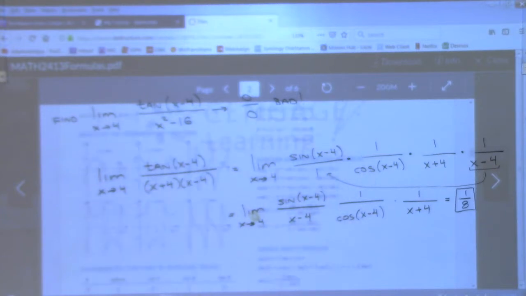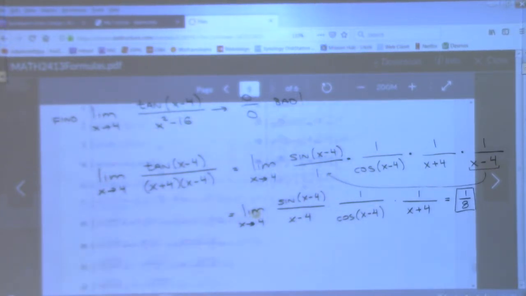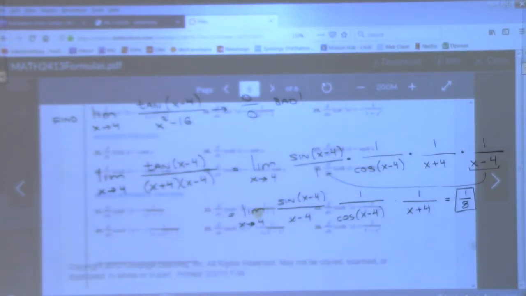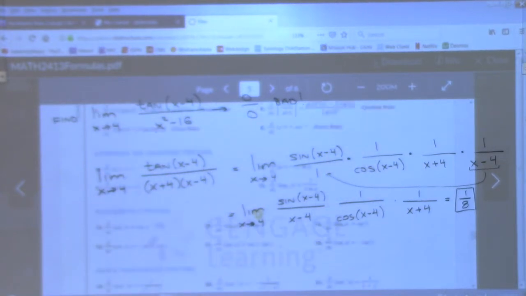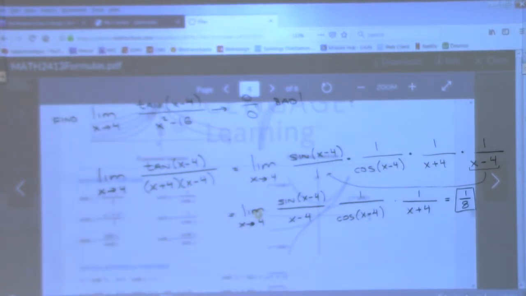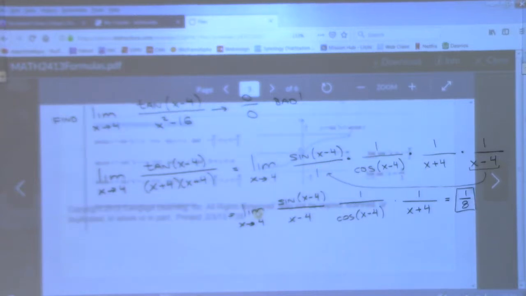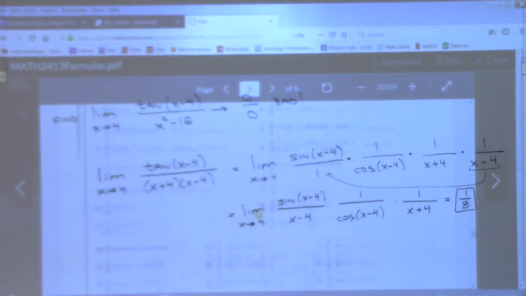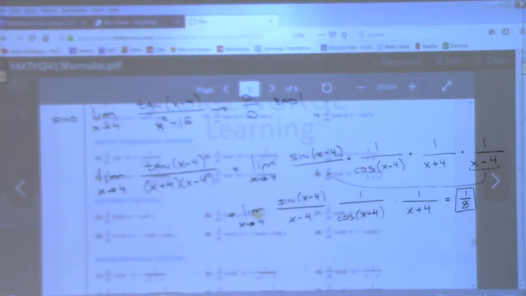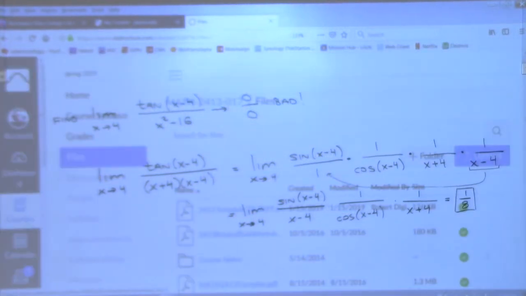There's 6 pages of formulas you're allowed to have. Now a lot of them you won't need. For this entire class, you would only need the first 5. Okay, so you need 5 of the 6. Does that kind of address your question?